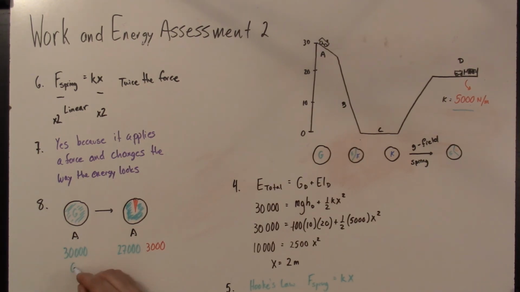This is gravitational. This is your thermal. And if you want to know how high you went, you set your gravitational energy equal to mgh. This is 27,000. The mass is 100. The gravitational field strength is still 10. Solve for your height. Height is 27 meters.